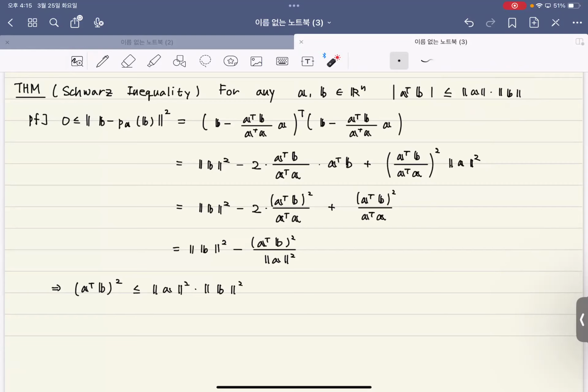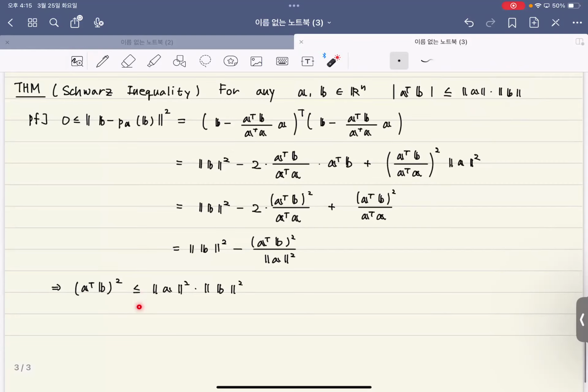And, no, I'm not quite done yet. Why? Because, when do I have equality? I have this equality if and only if this vector equals 0. And this vector equals 0 precisely when A is parallel to B. If those two are parallel to each other, then the projection and B must be the same thing, therefore this entire term vanishes.